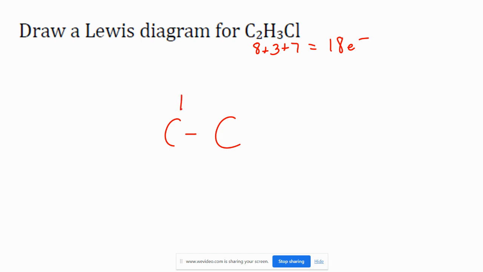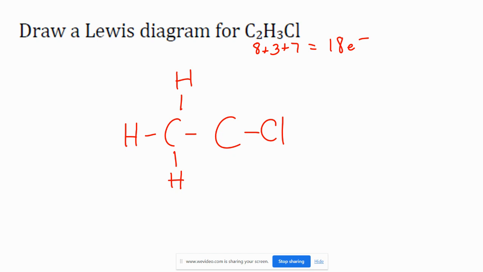I've got 3 hydrogens. I'm just going to put them here, here, and here. I don't like that. Let's try it again. Chase won't like that either. Right, that's better. I call them out. All right. Then I need to get my chlorine on there. So I'm going to put my chlorine over here.